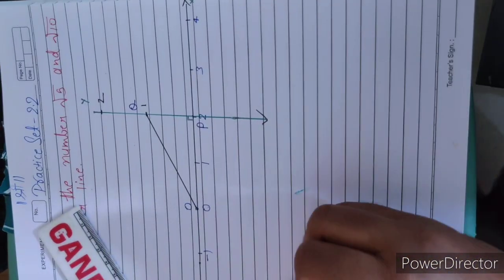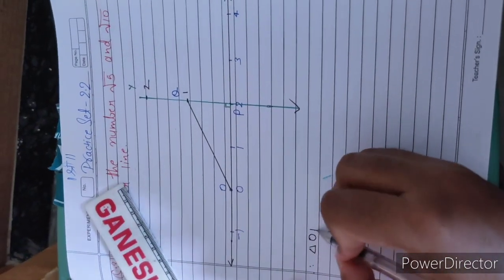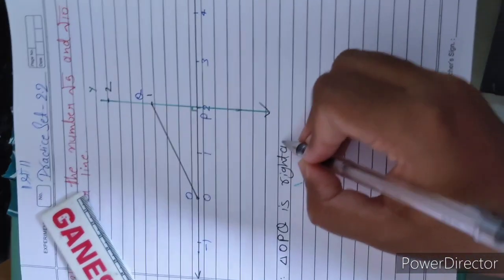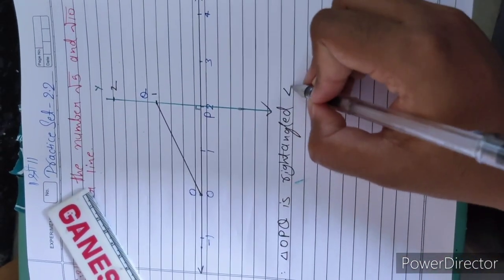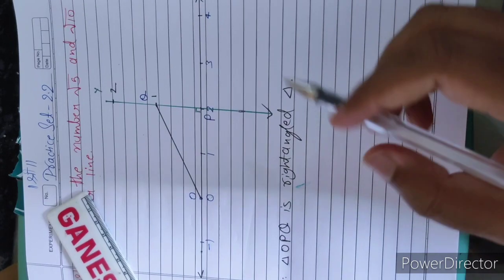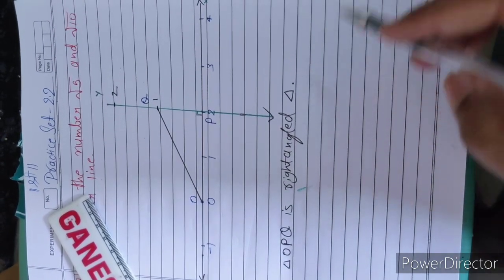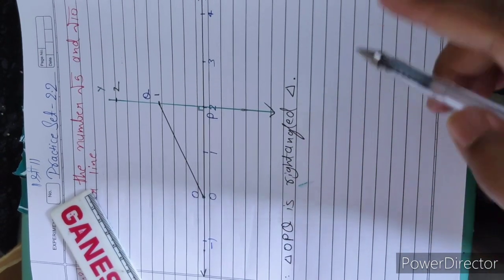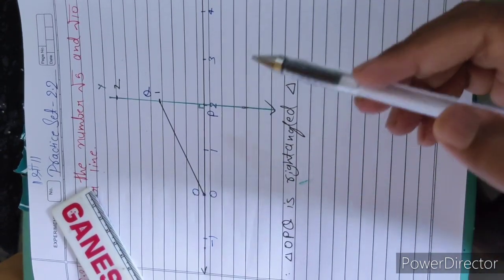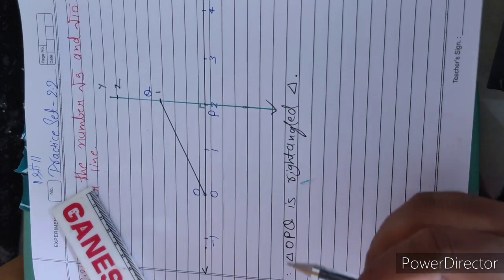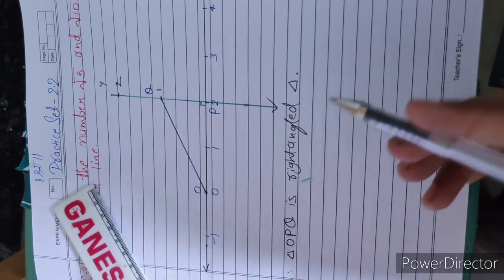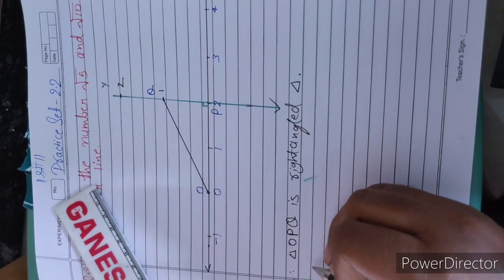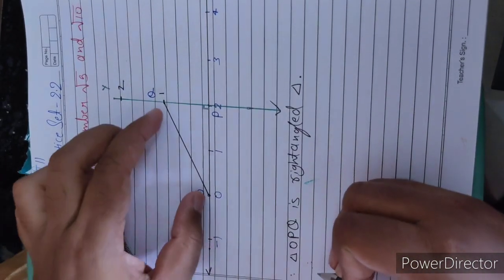Here we know that triangle OPQ is a right angle triangle. In a right angle triangle we use one theorem. What is that theorem? That theorem is the Pythagoras theorem. What does the Pythagoras theorem tell us? That the hypotenuse square is equal to side 1 square plus side 2 square, and in our case the hypotenuse is OQ.